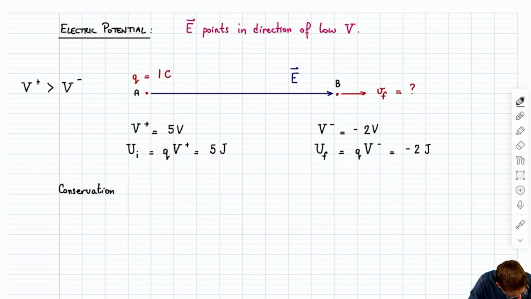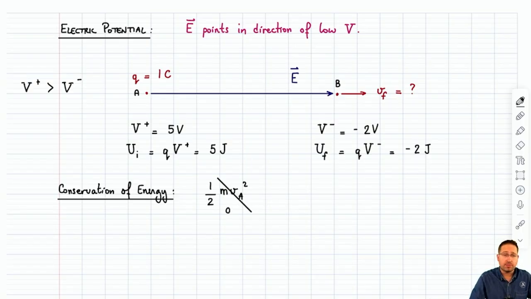conservation of energy from A to B: it's kinetic energy at point A, 1/2 m VA squared. Now that's 0 because Q starts at rest at point A, so it has no kinetic energy.